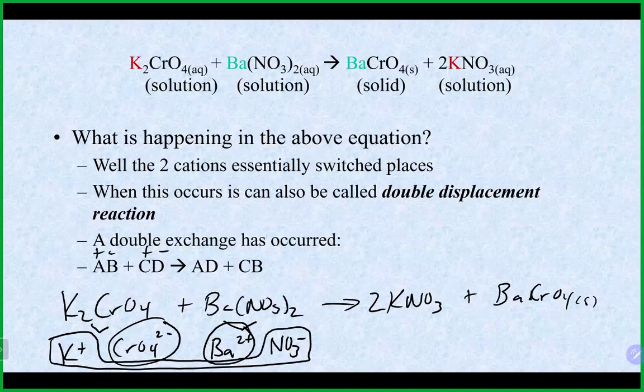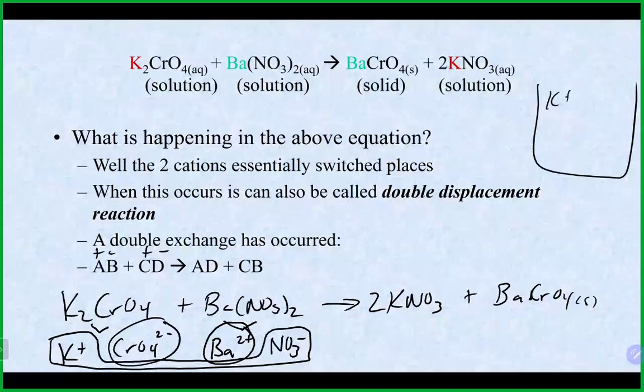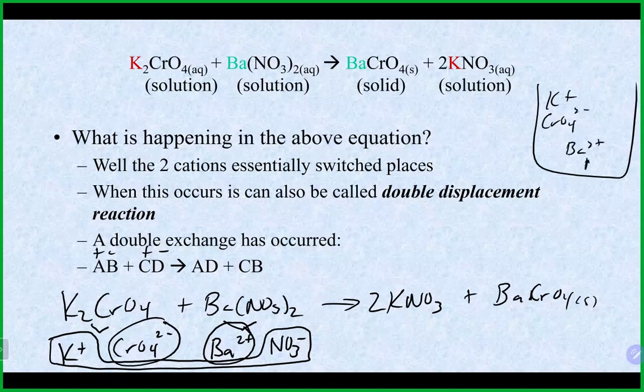Because ultimately, what's happening is that those 4 ions are just floating around in that solution. When they find each other, they come together in the correct ratio to make a proper ionic compound. Other questions?